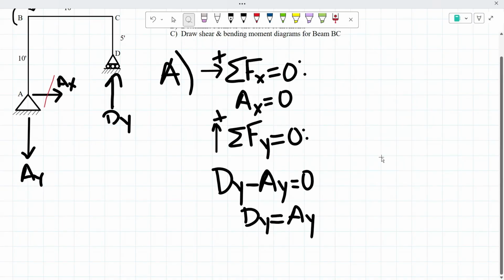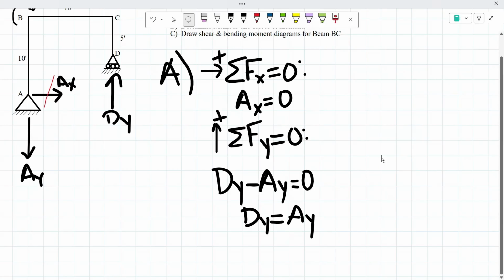Or if the force is parallel to an axis, that force will not produce any moment about that axis. So in a way, what we're trying to do is pick a point where one of the y forces will not produce any moment. Because if we solve for one, then we can solve for the other, since we were able to figure out that D of y is equal to A of y.